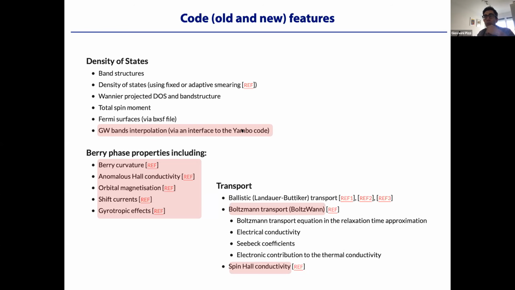That's very important because when you do a GW correction, typically you get the correction only on a few points in the Brillouin zone. Thanks to the Wannier interpolation, you are now able to look at them throughout the Brillouin zone.